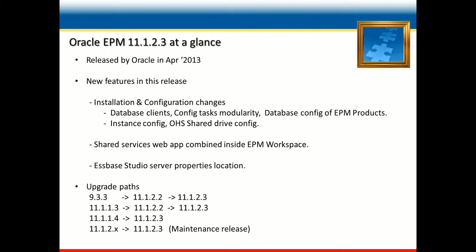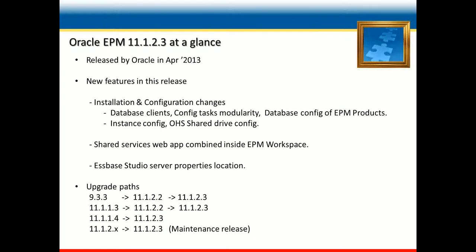About Essbase Studio Server properties: previously in 11.1.2.2 they were stored in physical files on the file system. Now the properties have been moved to the Shared Services registry. How can we upgrade to this release? There are several paths available to upgrade to 11.1.2.3.